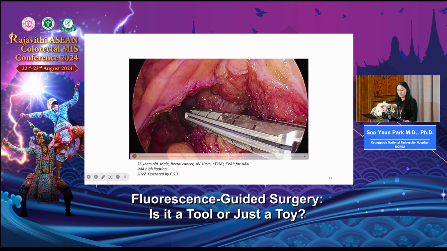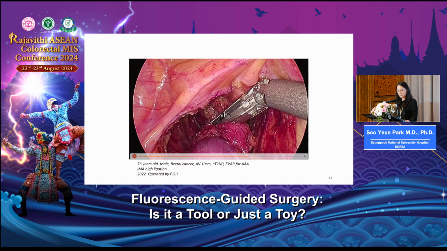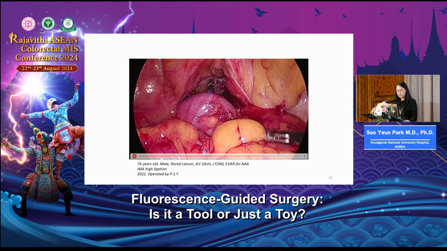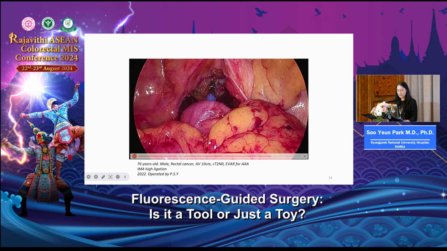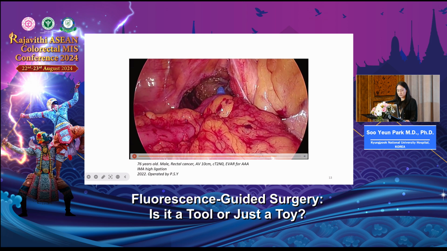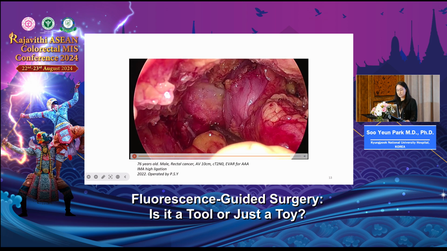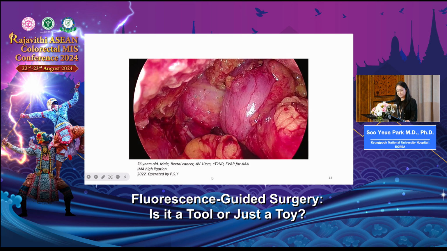At that time, I didn't use the ICG, but I decided to perform additional resection and then redo the anastomosis, and the perfusion was good after that, and the patient was discharged without any problem.